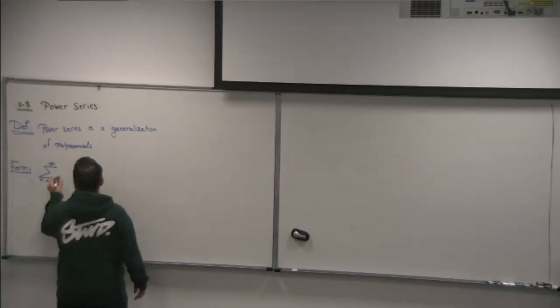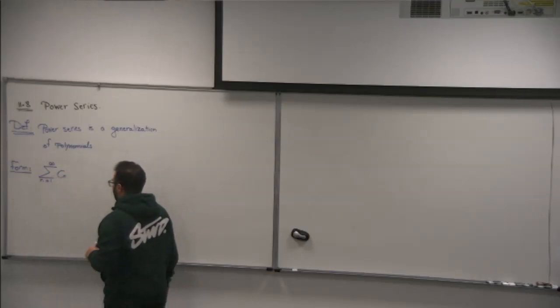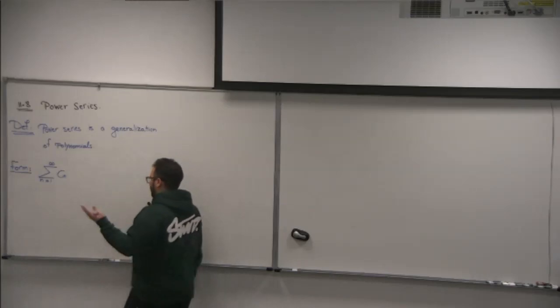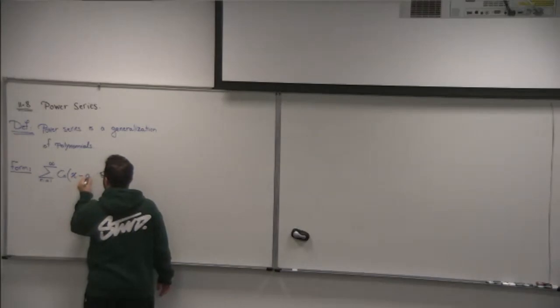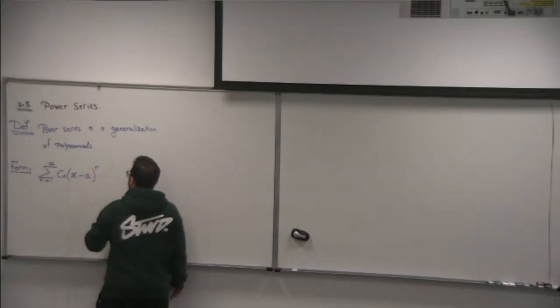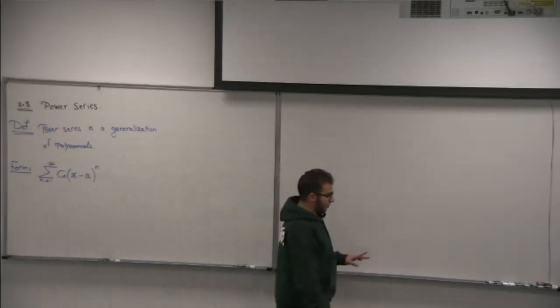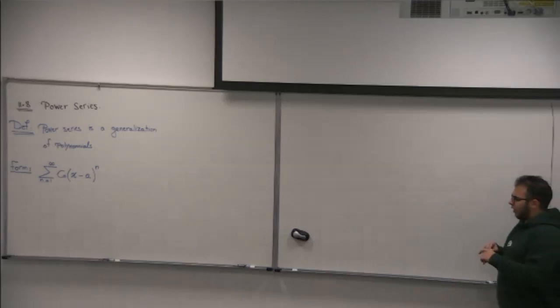It's going to be some constant, let's say c, that depends on n, multiplied by (x minus a) to the power n. So this is the common form of any power series that you will see in this chapter or in this section.